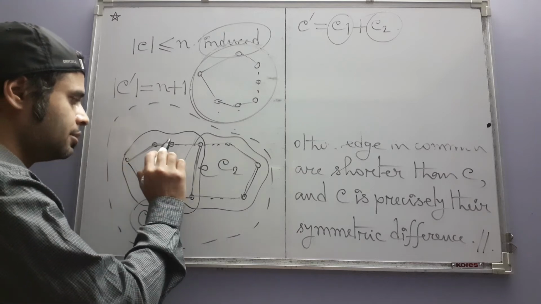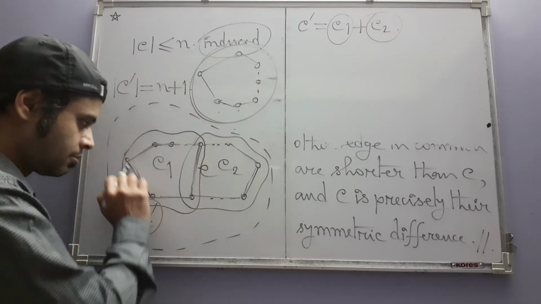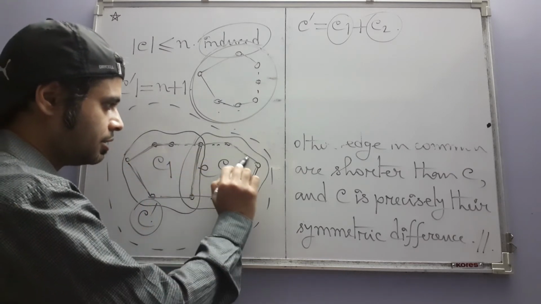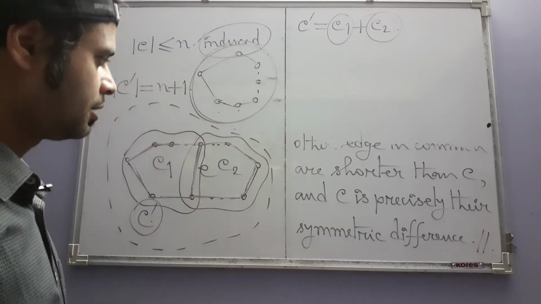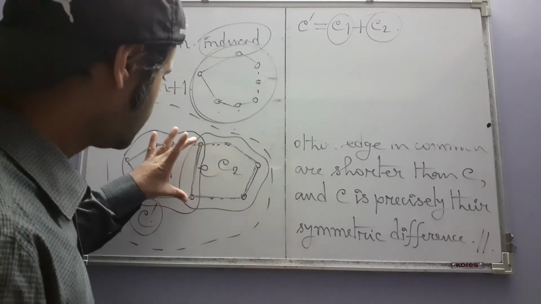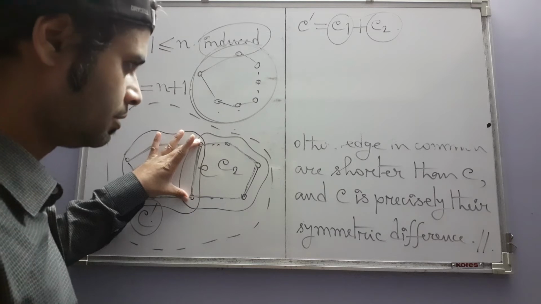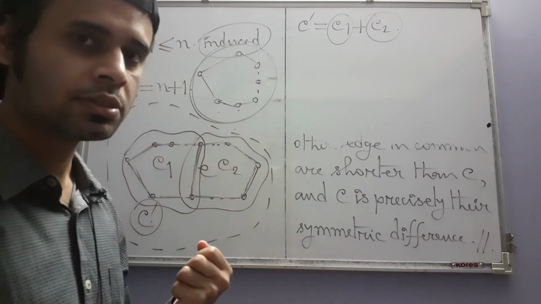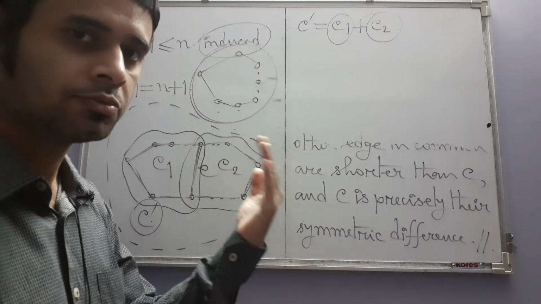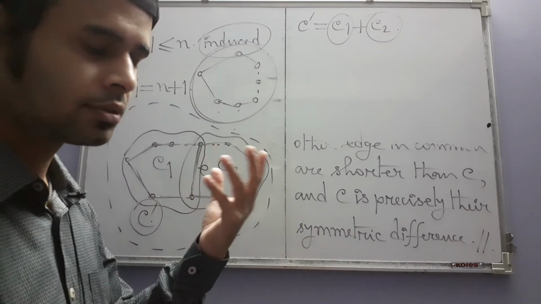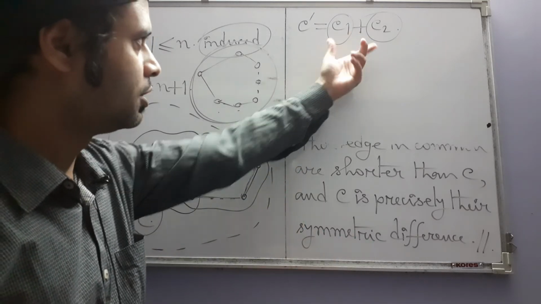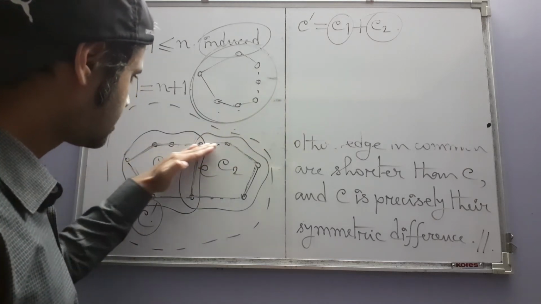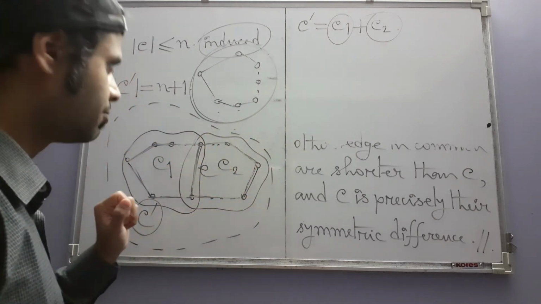One of them has these edges and the other has these edges. Among these two sets, there is precisely one common edge, that is E. So from the union of these two sets, you have to remove the intersection to find the sum, which precisely gives us the set of edges of C prime.